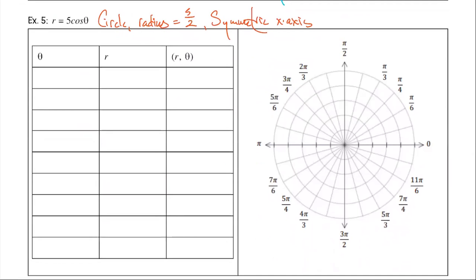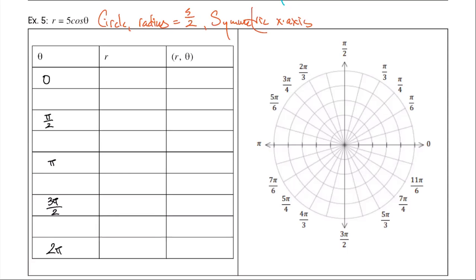So we're going to try plugging in the regular values we had before: 0, I'm going to skip a line, pi over 2, pi, 3 pi over 2, and 2 pi. I've skipped lines in between because let's see if these quadrantal angles give us an idea of what's going on.